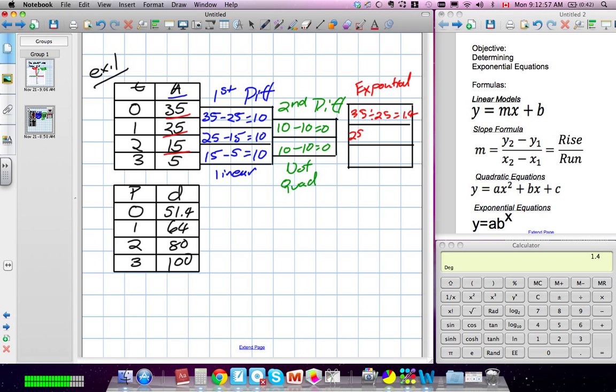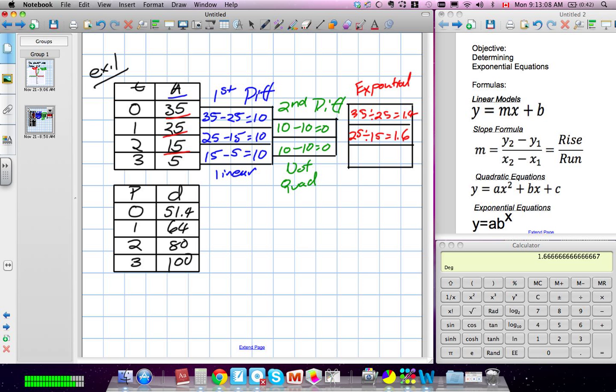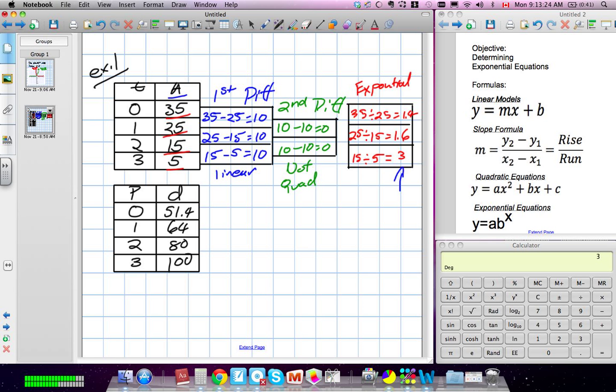Divide 15, 1.6. And finally, 15 divided by 5. Anyone know what it is, top of their head? Pretty sure it's 3. Yeah. So, when we look at our division of all the y terms, are they the same? Are they the same? No. Because they're not the same, we know that this is not exponential.